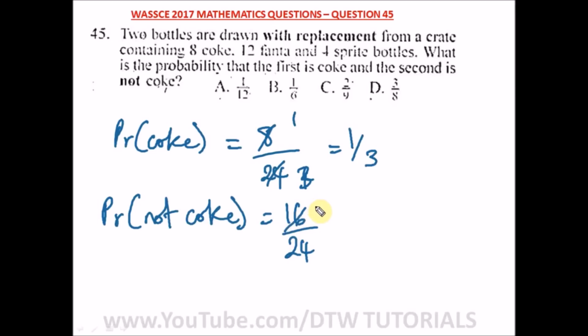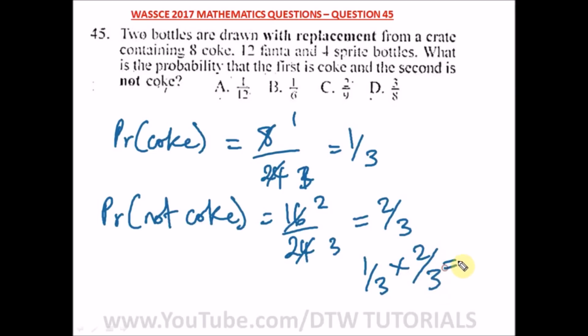So 8 here 2 times, 8 here 3 times. So we have 2 over 3. So our probability of Coke and not Coke is 1 over 3 times 2 over 3, which will be 2 over 9. That's 1 times 2 is 2, and 3 times 3 is 9. So our right option here is option C.